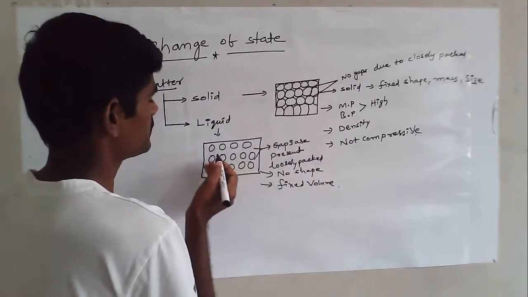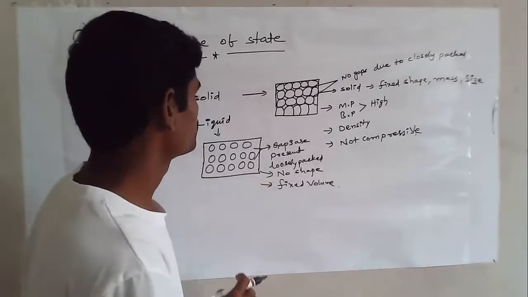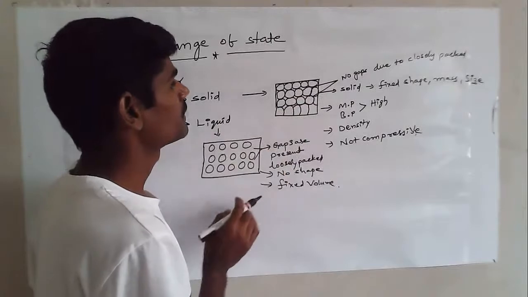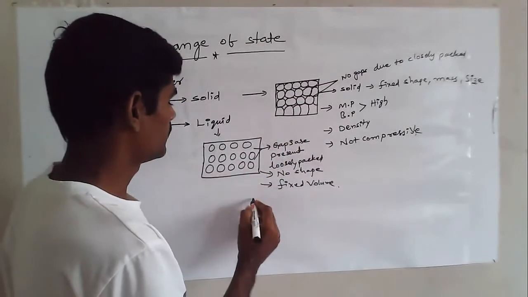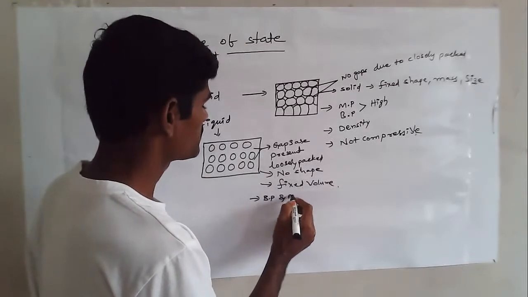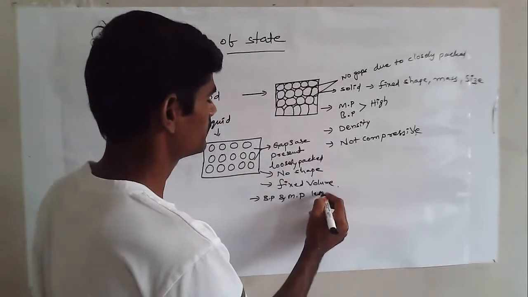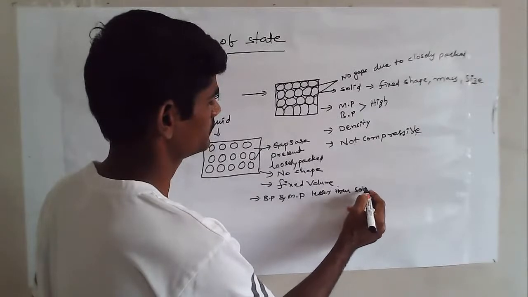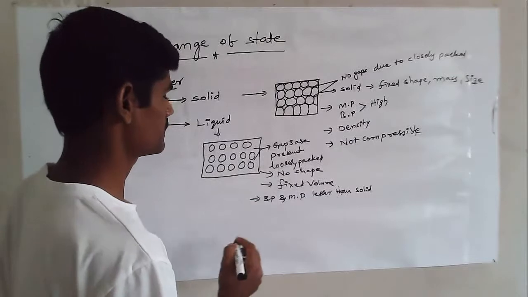Clear? The particles present in this container are loosely packed due to fewer attraction forces compared with the solid state particles. The boiling points and melting points are lower than those of solids and greater than those of gases.